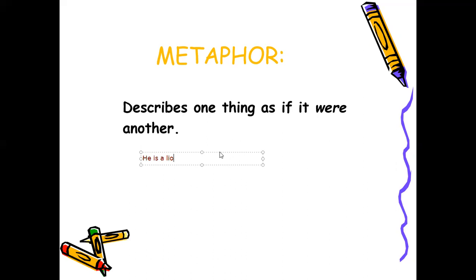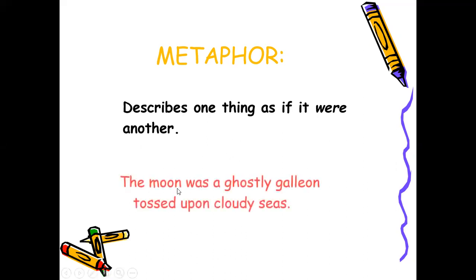Here, let's read the example. The moon was a ghostly galleon tossed upon cloudy seas. So the moon was a ghostly galleon, really? Can the moon be a galleon? Very good. It's not. We don't mean that at all.